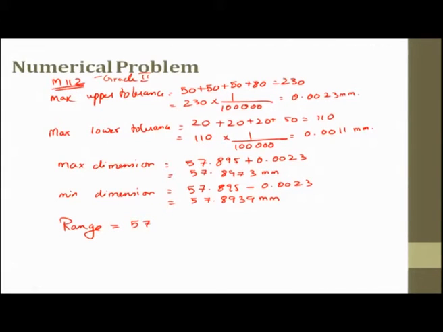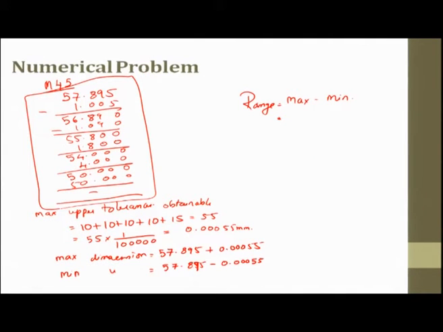So, the range is max minus min. So, it is 57.8973 to 57.8939 millimeters. Okay. So, it is clear. What is the range? You have 0.005 and this.